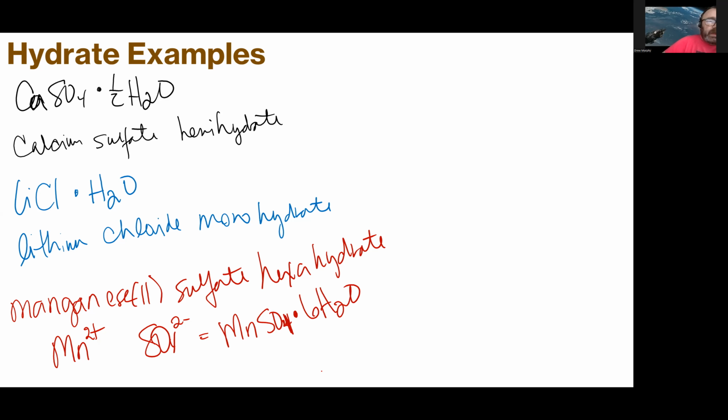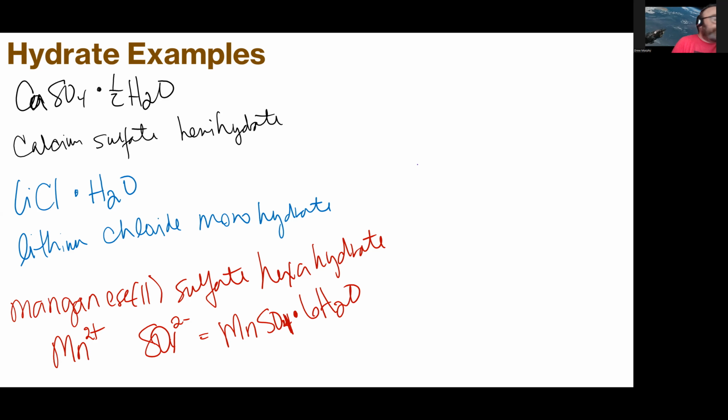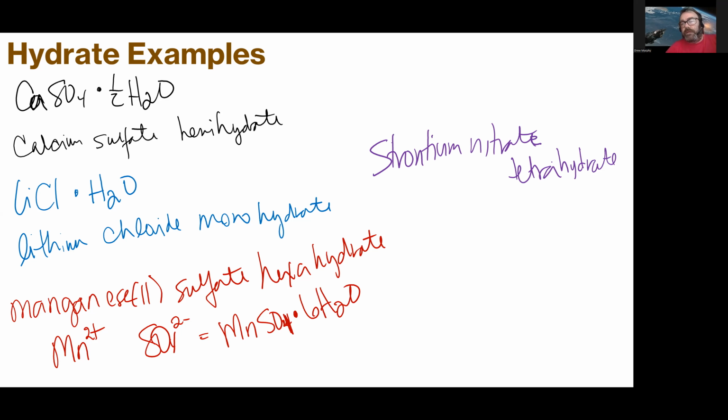Okay, let's do one more and then we'll call it a day here. Strontium nitrate tetrahydrate. There we go. Okay, strontium nitrate tetrahydrate. We're going to do the same thing we did over here.